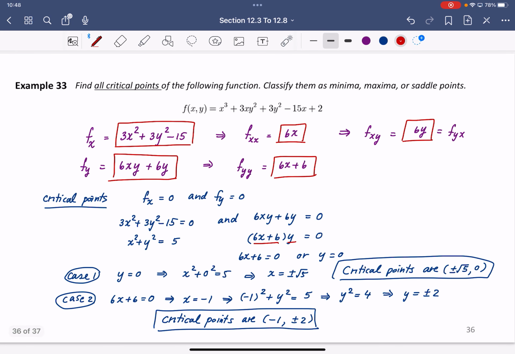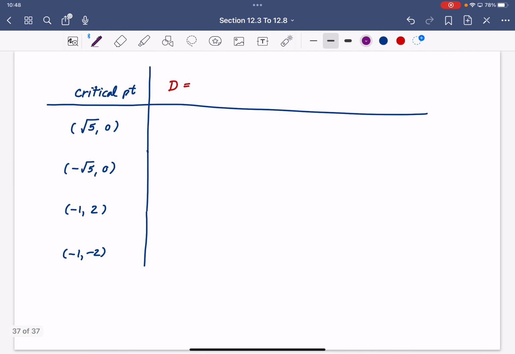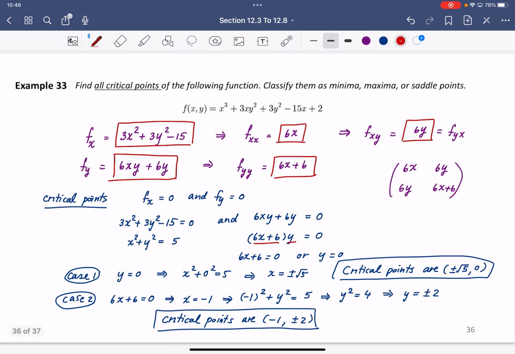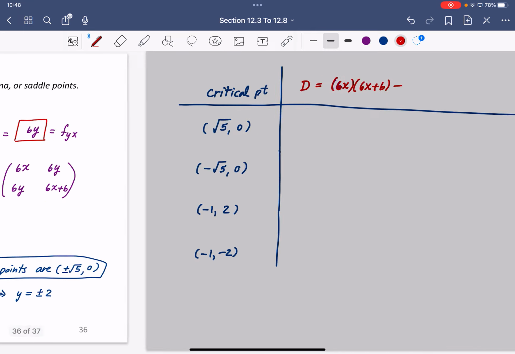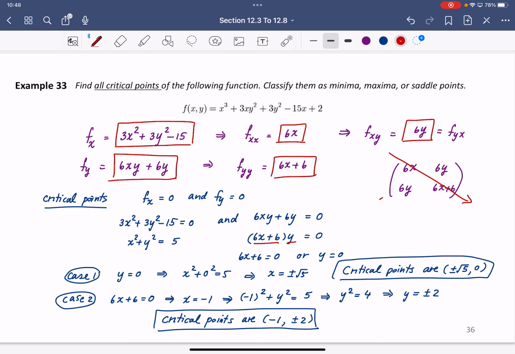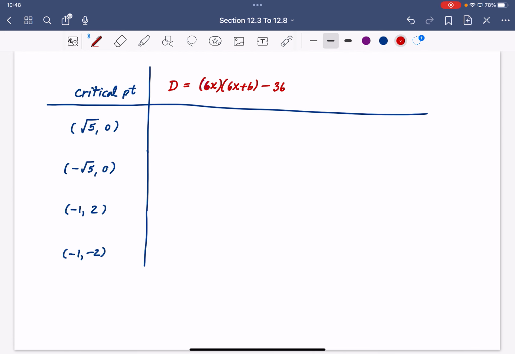So every time you have 4 critical points here, you're just going to compute your D. Here you have fxx, which is 6x plus 6, and fxy, which is 6y. And then you compute your D, which is 6x times 6x plus 6, and then minus, so you do the cross, minus 36y squared.